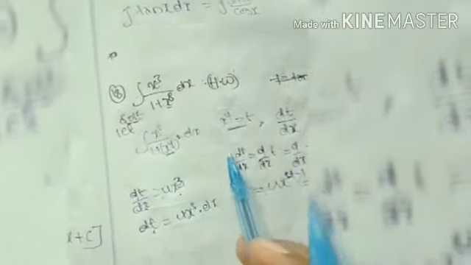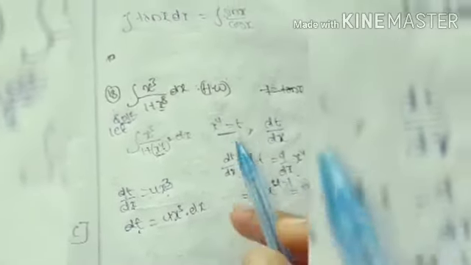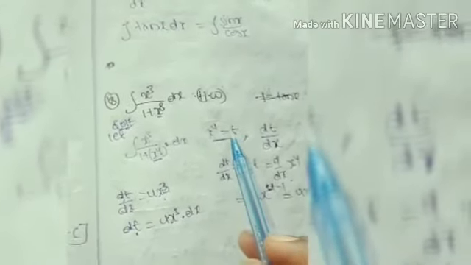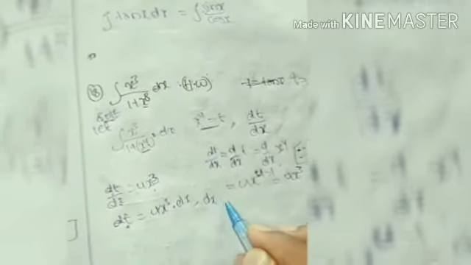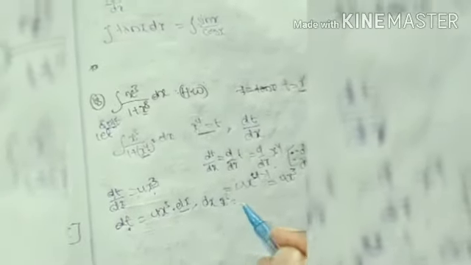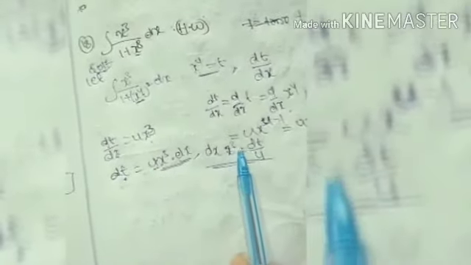In place of dx, for convenience, we write dx equals dt by 4x power 3. The 4 goes to the other side, so dx x power 3 equals dt by 4. This is the other form, so from this we get this.